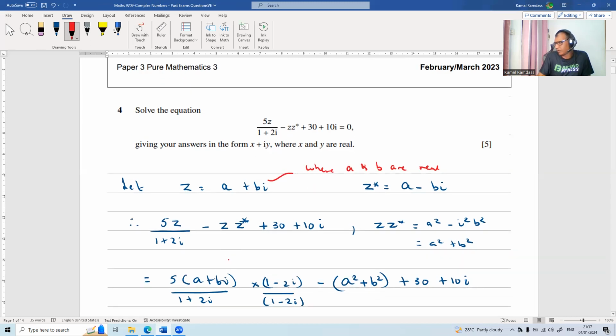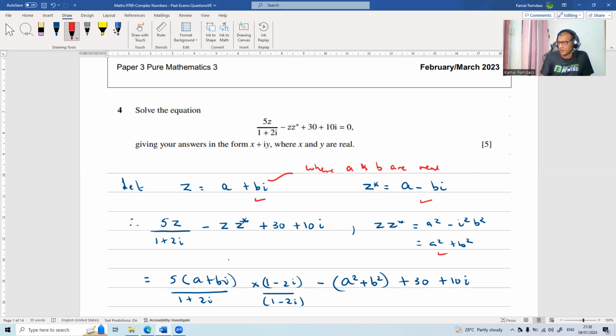Et puisque z is equal to a plus bi, z conjugate is equal to a minus bi, z times z conjugate is equal to a square minus i square b square, c'est minus 1, even a square plus b square.